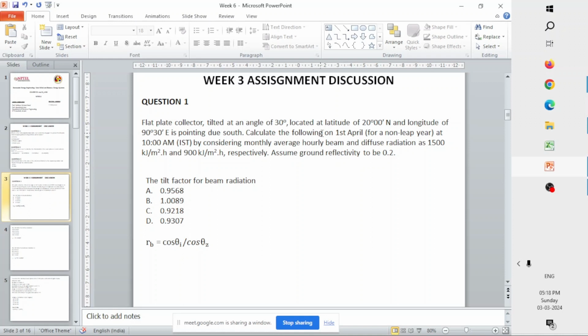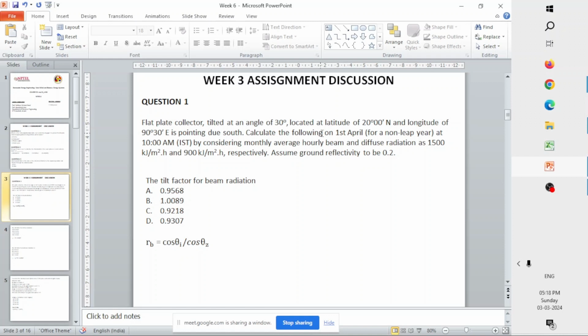Calculate the following on 1st April for a non-leap year at 10 am IST by considering your monthly average hourly beam and diffusive radiation, that is your I_b bar and I_d bar. Those values are 1500 kilojoule per meter square hour and your I_d is 900 kilojoule per meter square hour respectively. They have asked you to take the ground reflectivity value as 0.2.